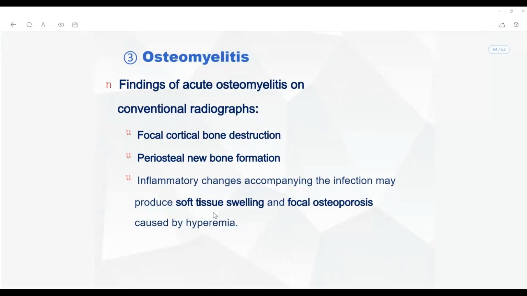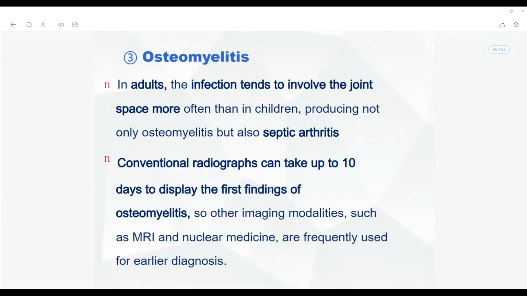So periosteal reaction can be a characteristic feature of so many diseases, but Codman's triangle is a characteristic feature especially of osteomyelitis. Okay, right. The Codman's triangle will generally not be formed in any kind of bone infection early, because it takes time to develop. In the first 10 days, which is acute osteomyelitis, you will be seeing only periosteal reaction.